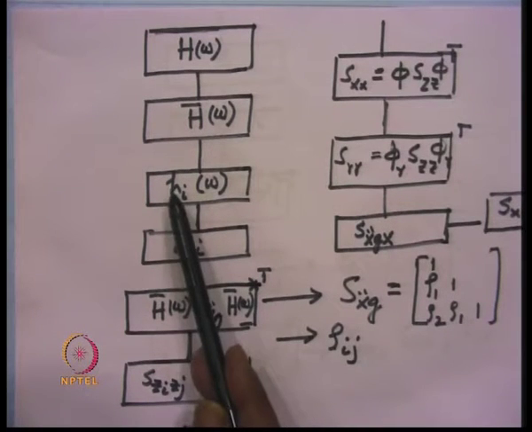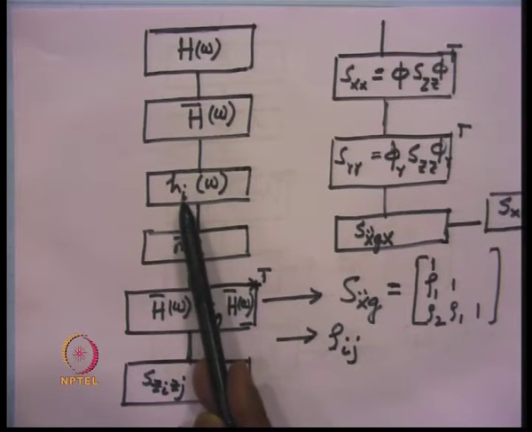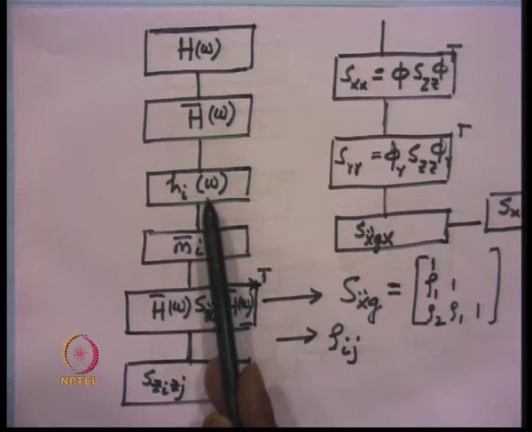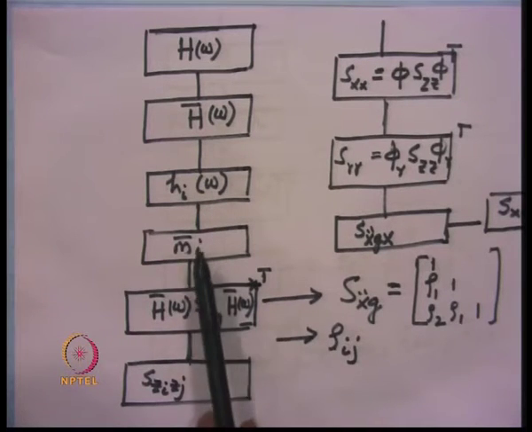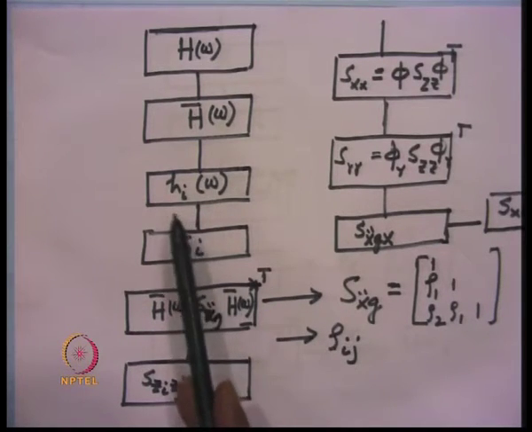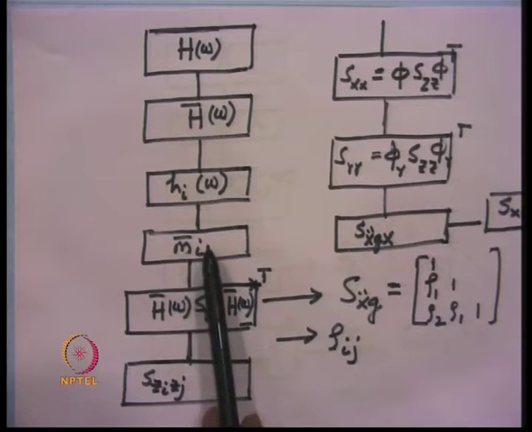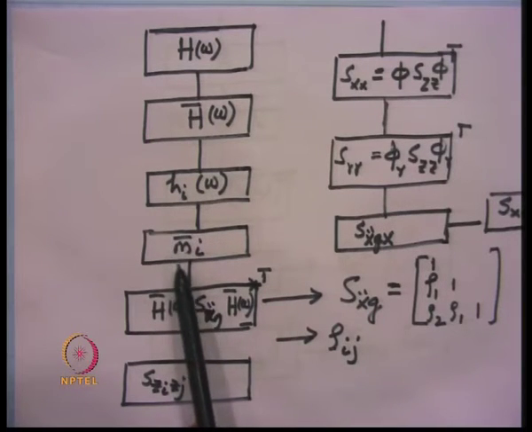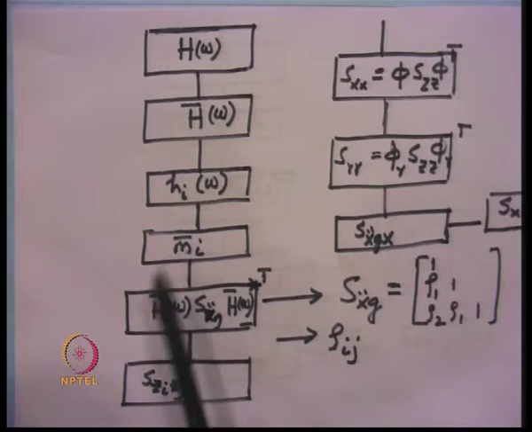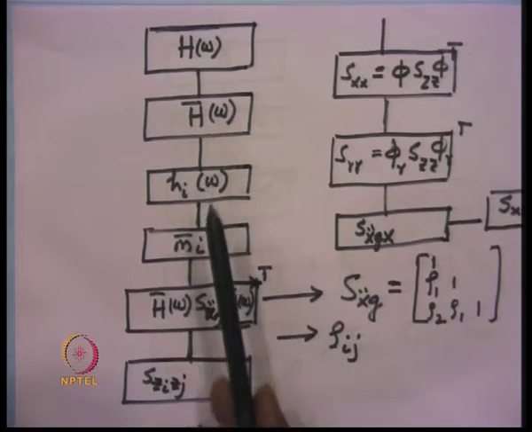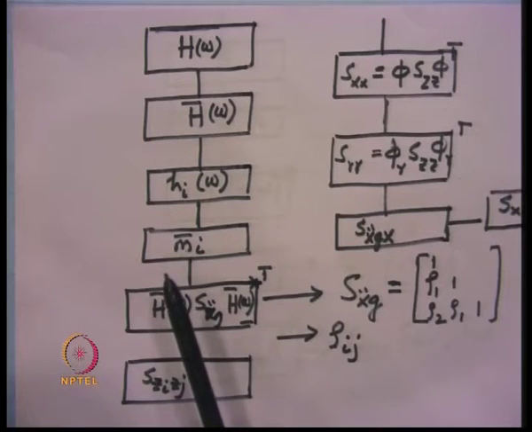Then for each mode one can obtain H I omega, and for that what we will require is the modal mass at a particular mode. And after we have obtained these two quantities, then we can go for different kinds of analysis.